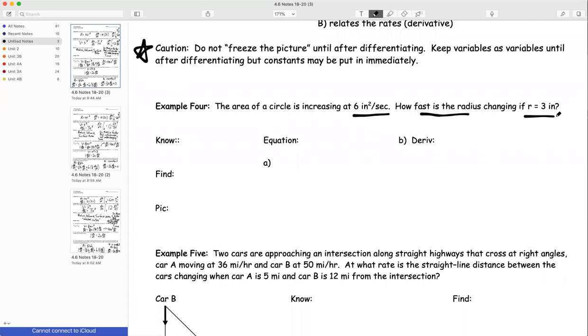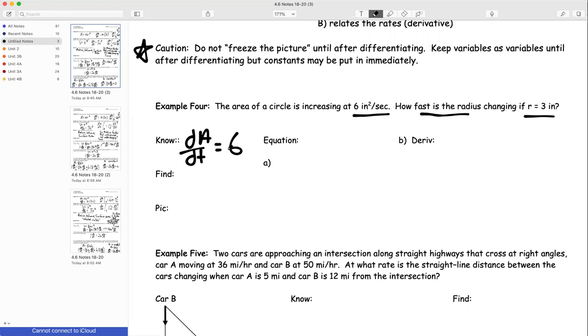What is that? It's what type of rate? It's the rate of change of what? Of the area, right? So this is dA/dt because it is the rate of change of the area with respect to time. So I know that dA/dt is equal to 6.